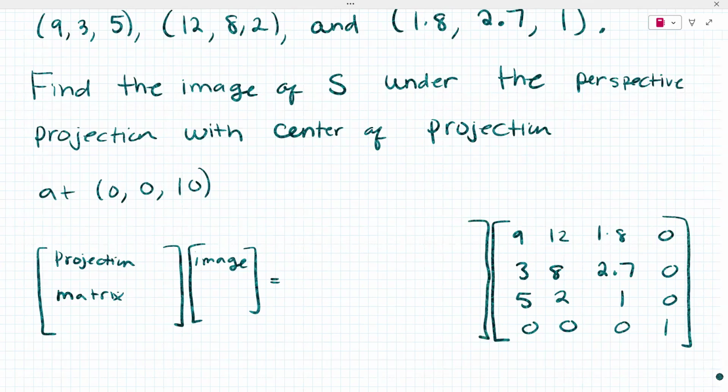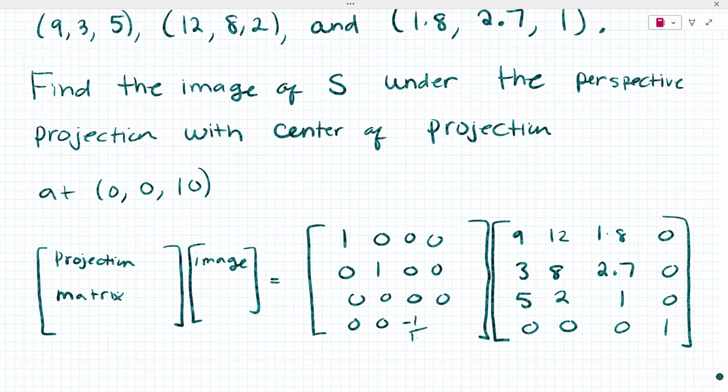And then the projection matrix would be this: 1, 0, 0, 0, 0, 1, 0, 0, 0, 0, 0, 0, 0, 0, negative 1/10, and then 1. Because according to the rule, it's negative 1 over d, and our d was 10.